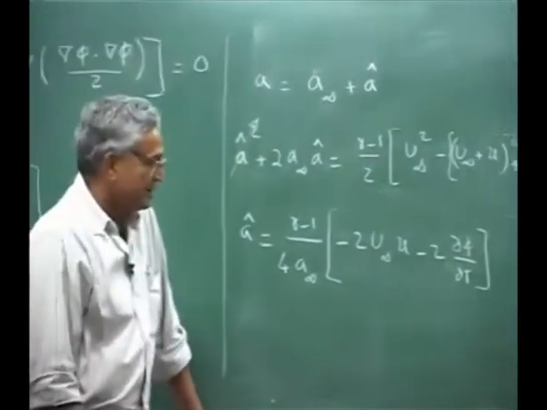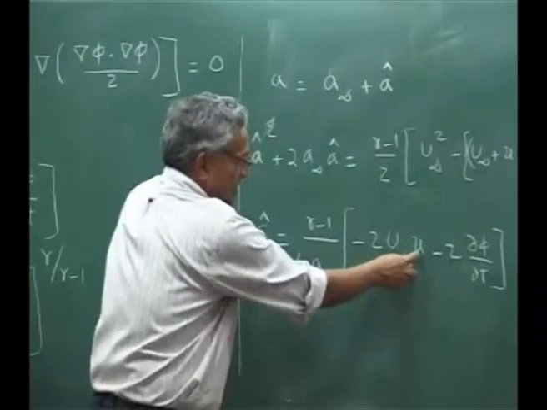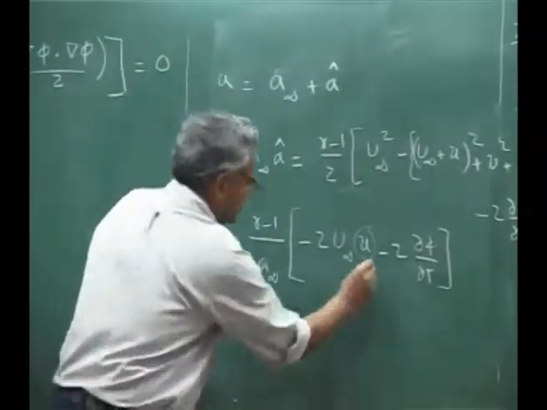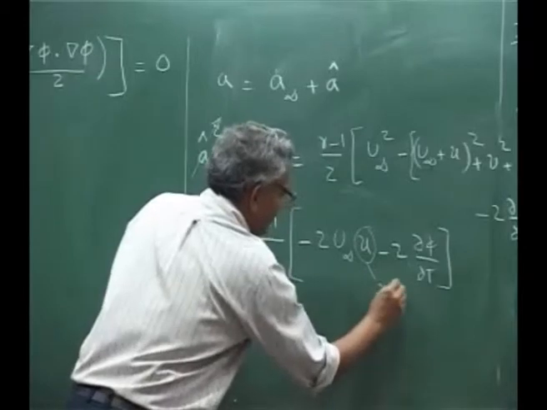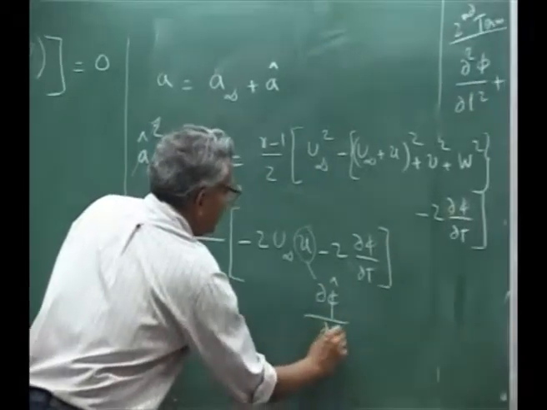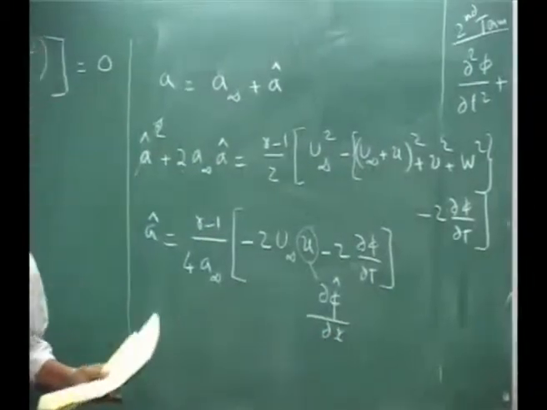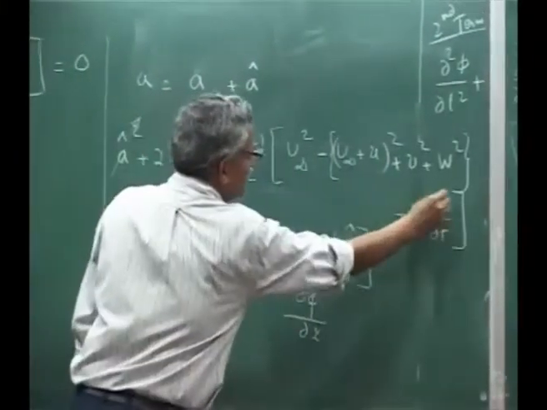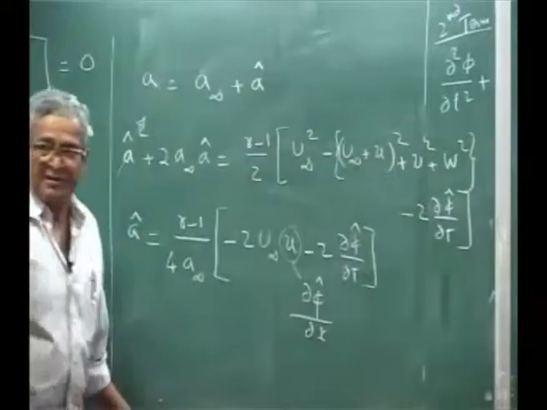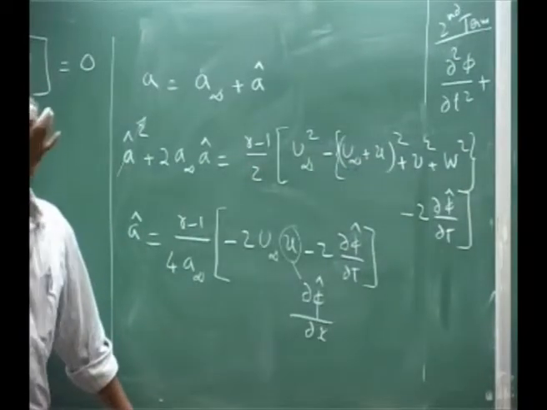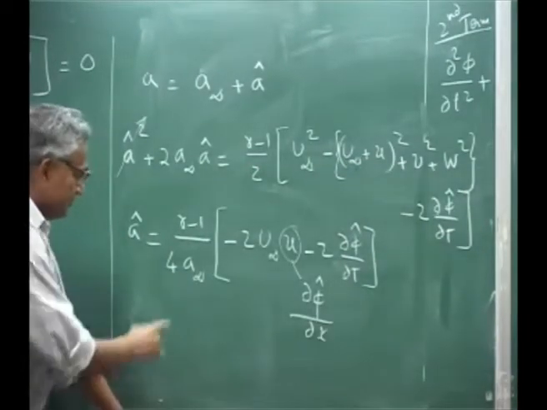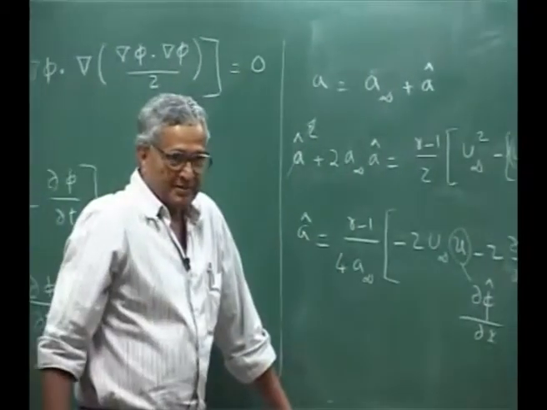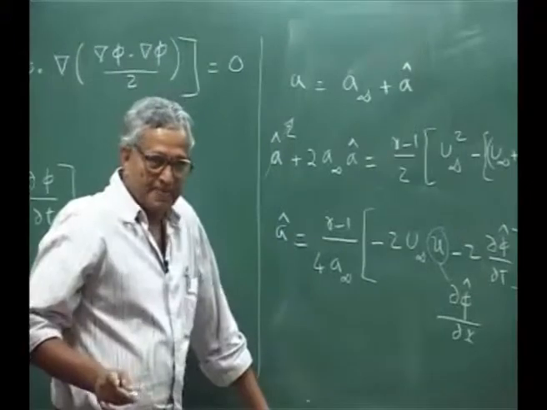Now if you see, u is del phi by del x, that is del phi hat by del x, and phi becomes phi hat because u infinity is independent of time. Now you see u infinity by a infinity, this is the Mach number.